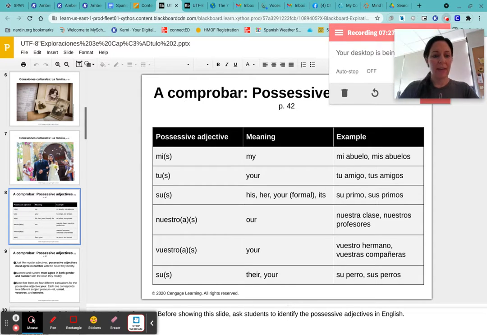So these are our possessive adjectives. And just as an introduction, just like the adjectives before, I said they have to match like a puzzle. If one's singular or plural, also feminine, masculine, you have to keep those in consideration. They all have to match together. You can't say mis padre, it has to be mi padre.